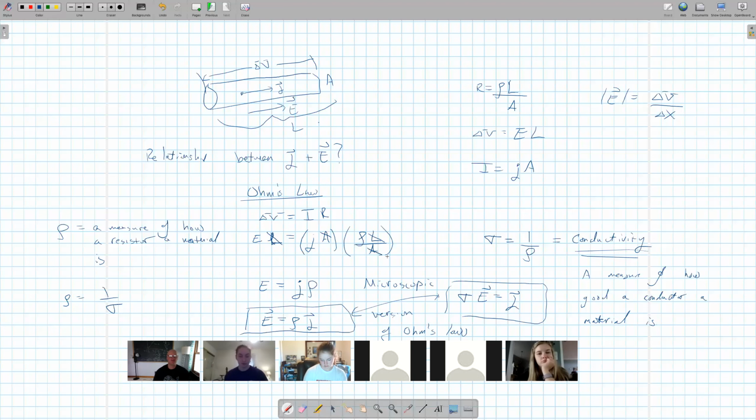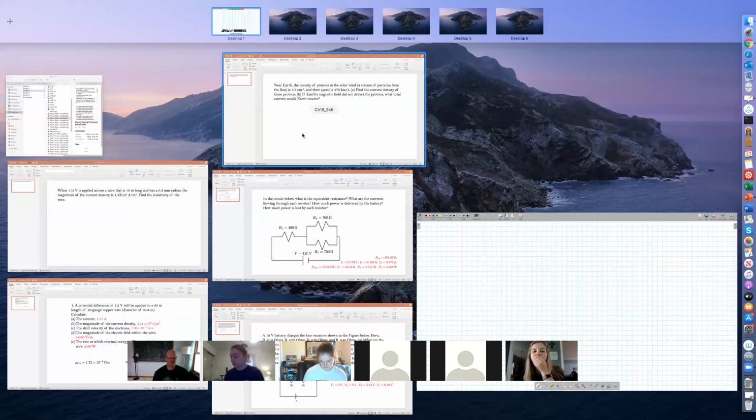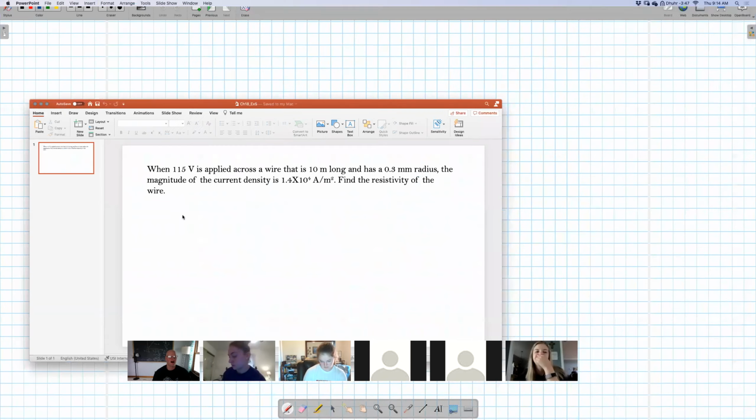So good. Let's use all of this and do an example. This example says that 115 volts is applied across a wire that is 10 meters long and has a radius of 0.3 millimeters. The magnitude of the current density is 1.5 times 10 to the 4th amps per meter squared.